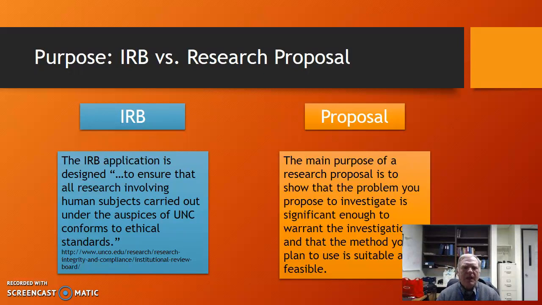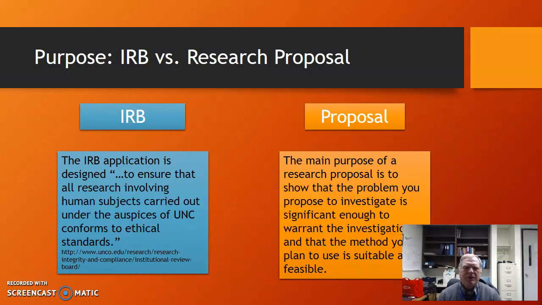So it's looking at the principles of ethics, which are respect for individuals, beneficence, and justice. So everything in there is asking questions about how you're treating the people in your study, your participants, how you're being fair, how you're protecting confidentiality and things like that.